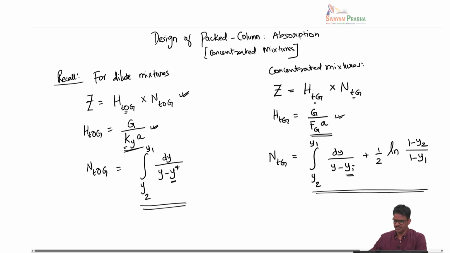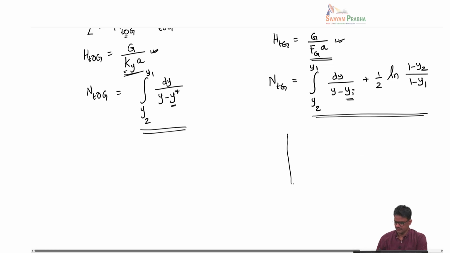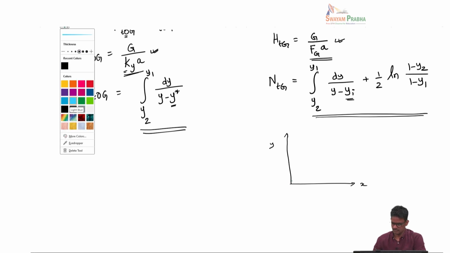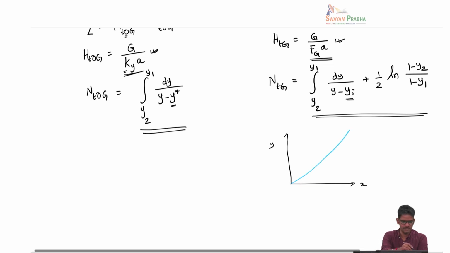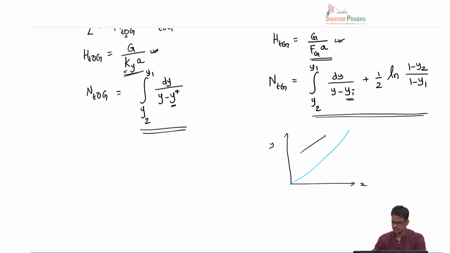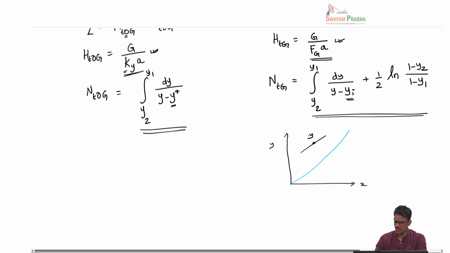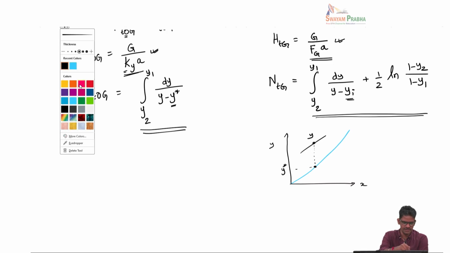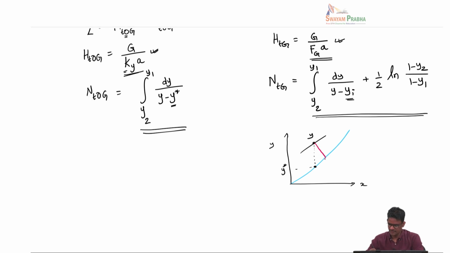So, if I have to show this difference graphically, suppose this is some y, in the dilute mixture we used this y minus y star as the driving force, okay, whereas in the concentrated mixture we are going to use the interfacial concentration. So, this is the driving force line.